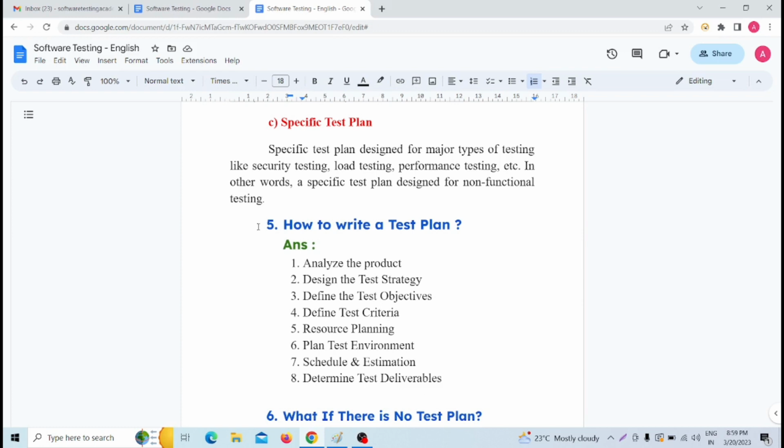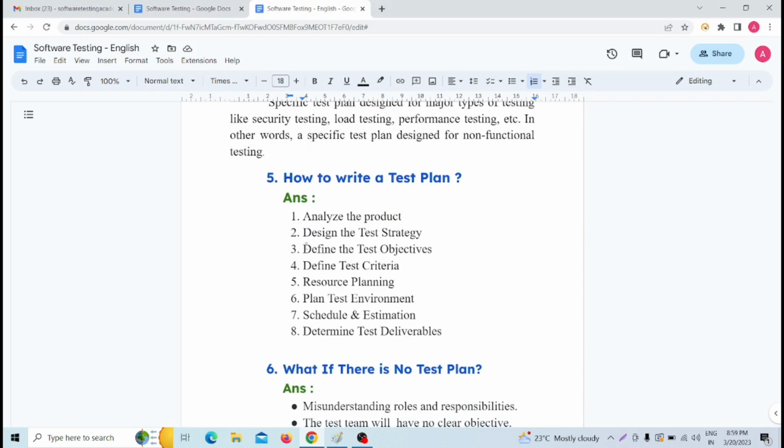How to write a test plan, or what is the process we follow for writing any kind of test plan? We have to follow these 8 things. If we follow these 8 points, then we can easily write a test plan.